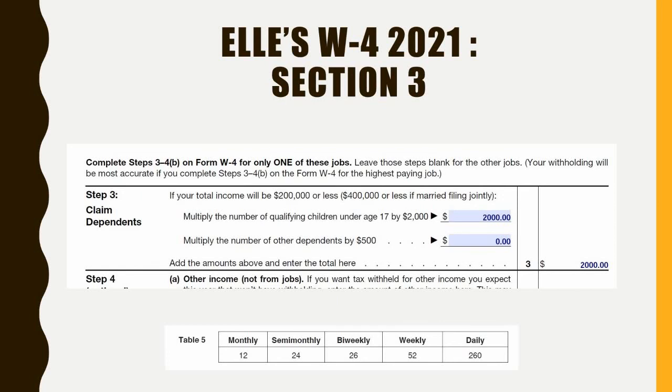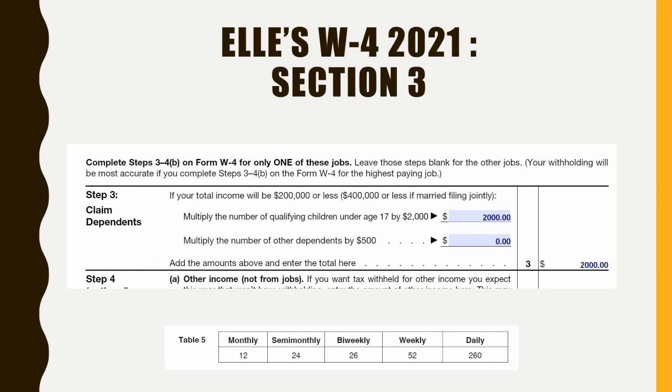Now, we need to break it up based on how many payments we're actually going to receive. Since we are weekly, we're going to receive 52 paychecks overall. So if we have one child, we just put in 2,000. If we have two, it's 2,000 per child, so in the first column we're going to put in 4,000.